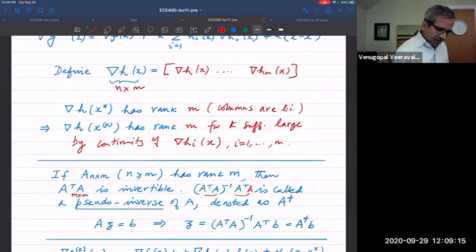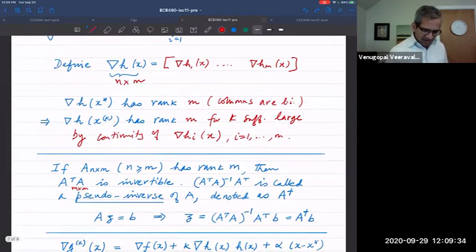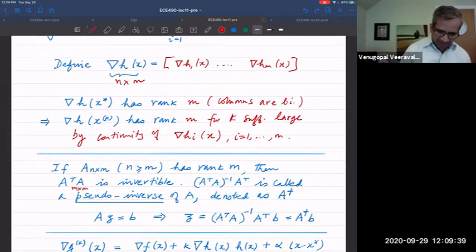That's why this is called a form of a pseudo inverse of this non-square matrix. This is also sometimes called the Moore-Penrose pseudo inverse. If you want to read more details, I think the appendix in your book discusses it, but any course and any textbook on linear algebra will talk about that.